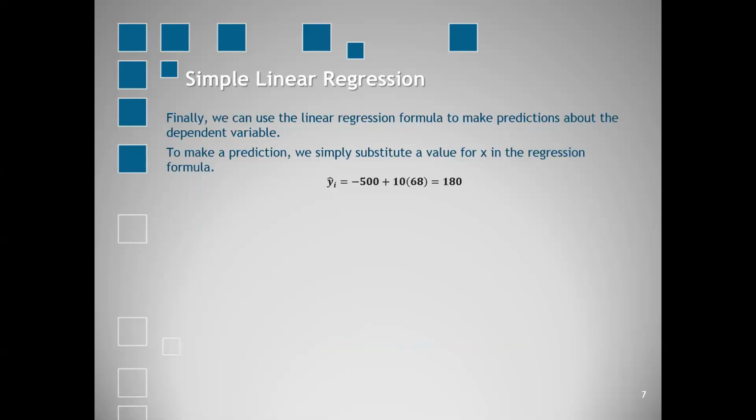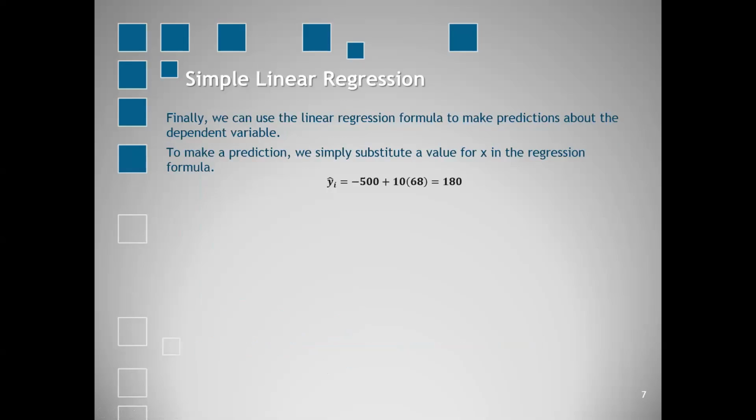This value tells us that we predict that a person who is 0 inches tall will weigh negative 500 pounds. This obviously doesn't make sense for a number of reasons, the main one being that it's not realistic. A person who is 0 inches tall doesn't exist, and it's impossible to weigh negative pounds. For this reason, we really don't interpret the y-intercept.